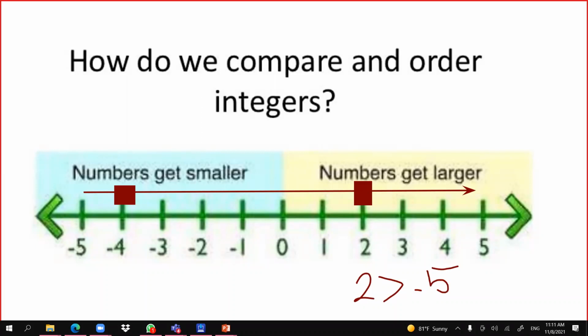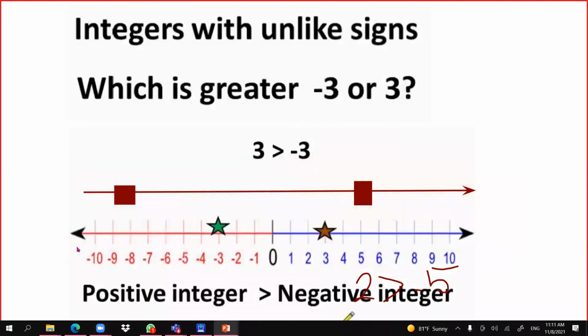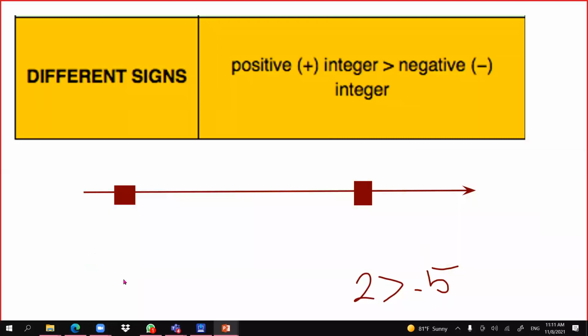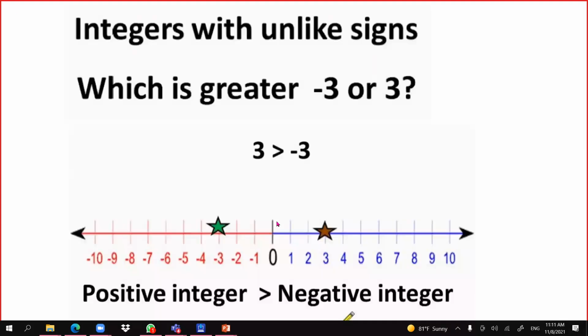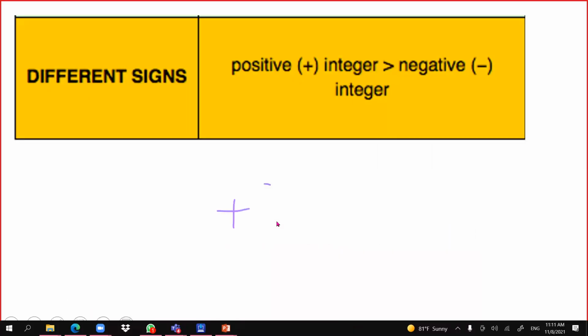So we learned how we can compare by the horizontal number line. And we learned how to compare using the rules that we talked about on Wednesday. If you have different signs, like +5 and -3, without looking at the number, every time the positive one is greater than the negative number.